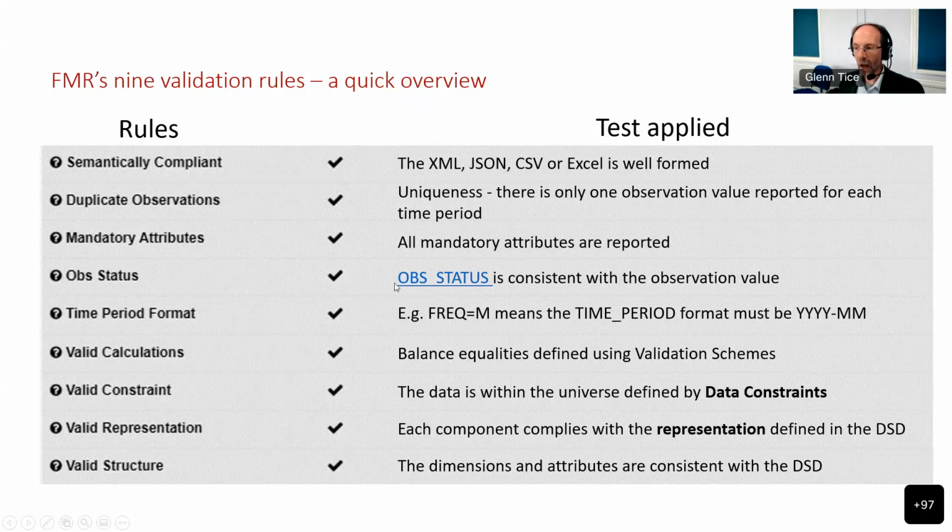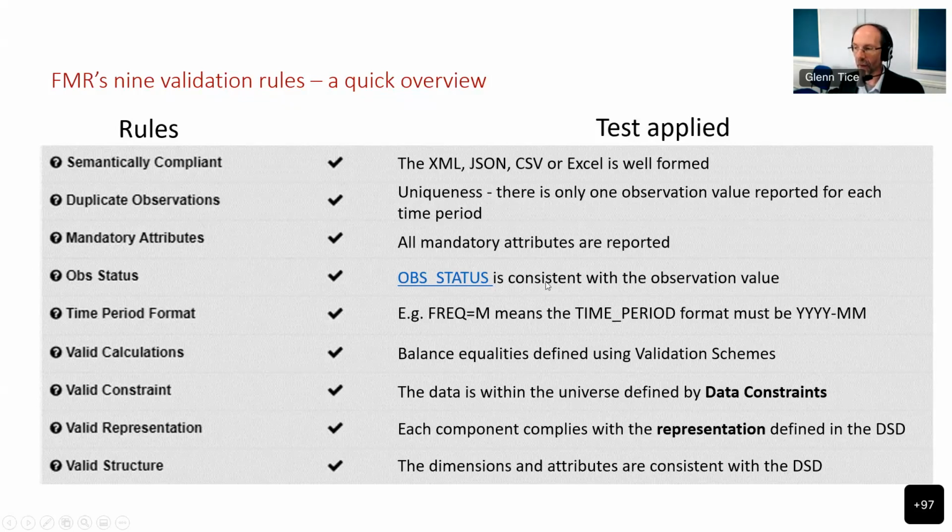Obs status. The SDMX standard observation status code list defines a number of standard observation statuses, and what this rule does is it checks for consistency with the observation value. So an example here is perhaps if the observation status is reported as M, which is missing.